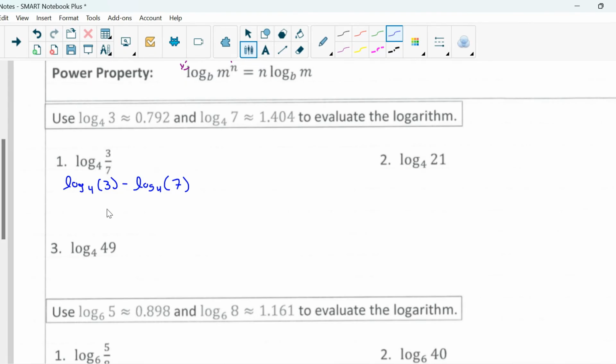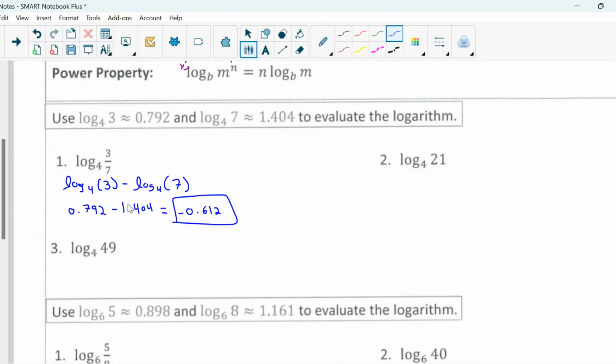Okay, log base 4 of 3 is approximated at 0.792, and log base 4 of 7 is approximated at 1.404. Okay, so if I was to subtract these, I would get the approximation of negative 0.612. Okay, and that's just using the quotient property.